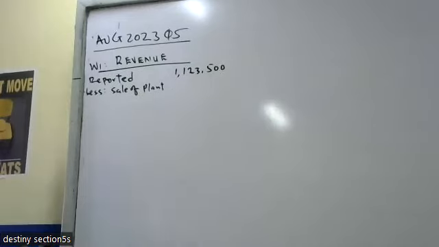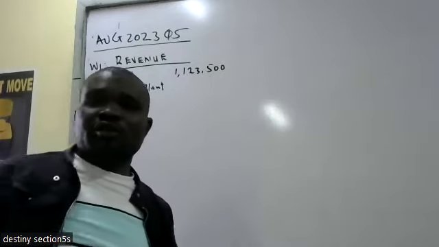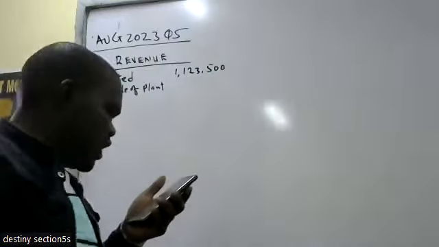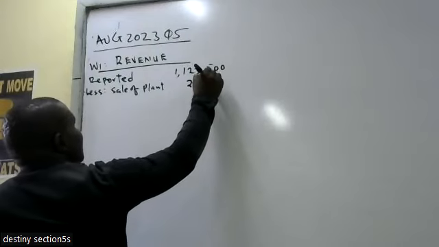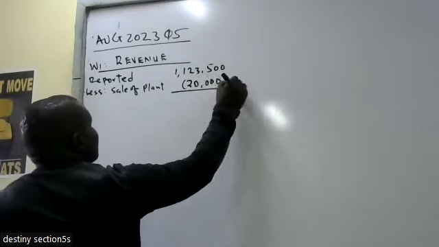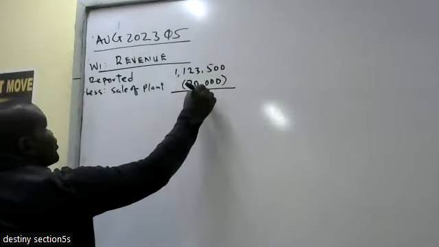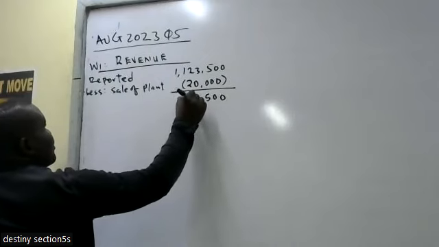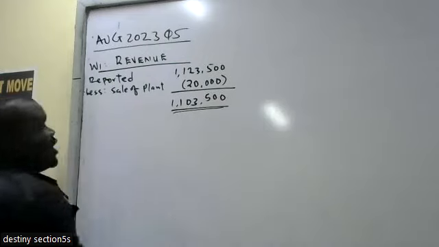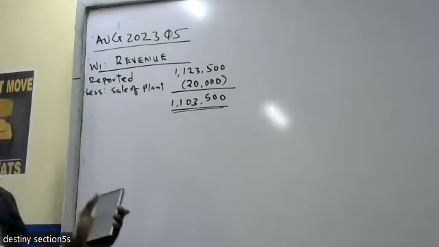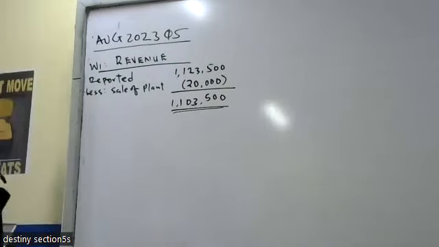When you sell an asset, you don't recognize that as revenue. Sale in accounting is sale of goods. So we less the sale of plant 20, which is captured here. We subtract, so this one comes to 1,103,500. That should be the correct value for revenue. This one we have done up to somewhere there yesterday.